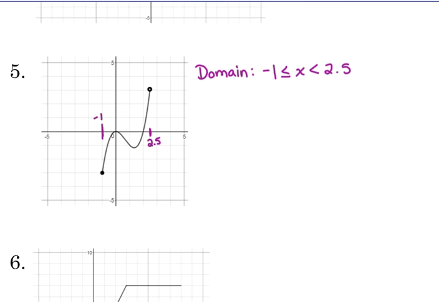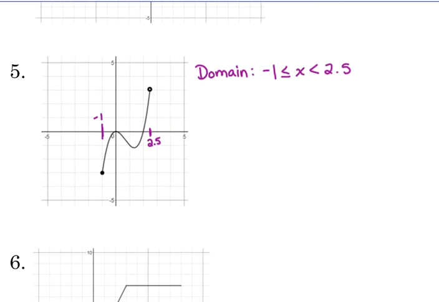Now notice on -1 I put an equal to because at -1 that's a point right there. At 2.5 that's an open circle, so that means it doesn't quite get to that point. It gets really close to it, but it doesn't actually get to that point, so I won't put an equal to.